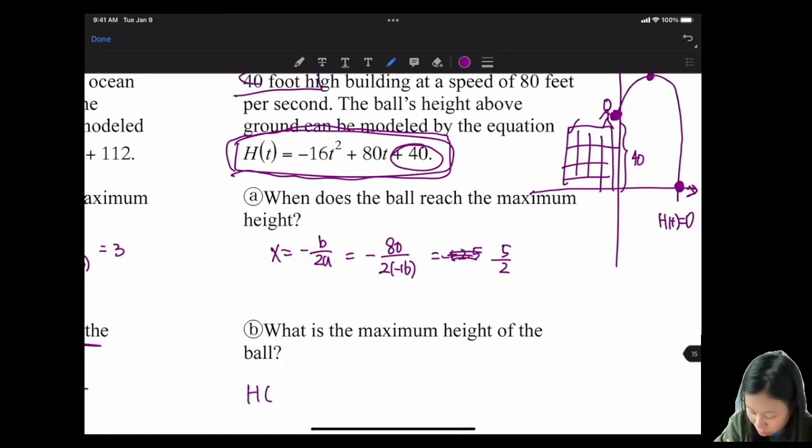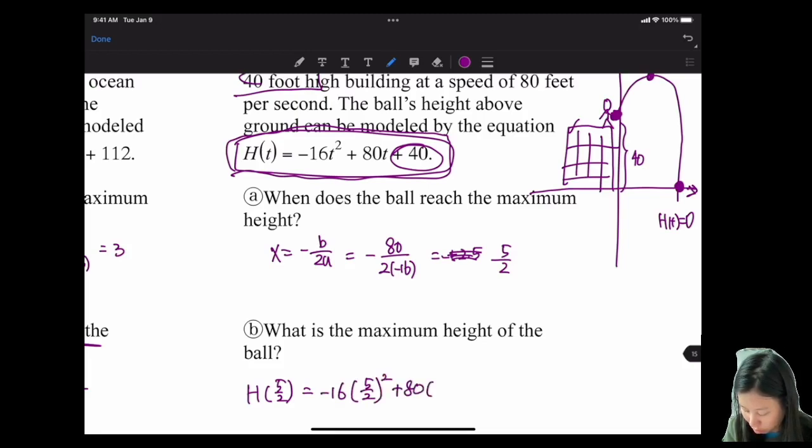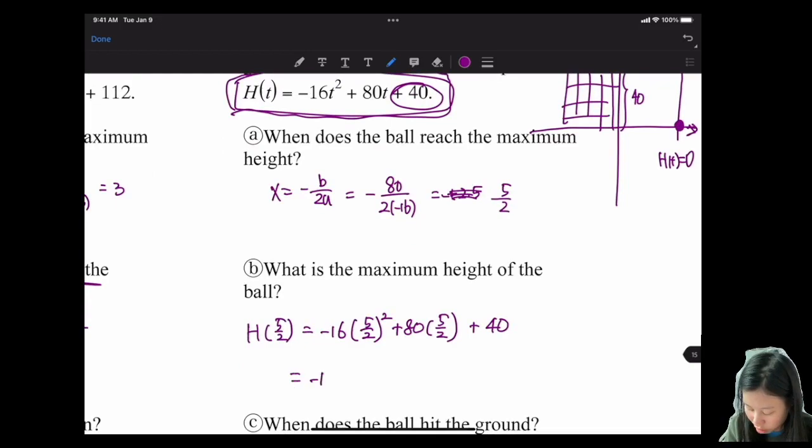So now let's continue. When the time equals 5/2 seconds, the ball reaches its maximum. Let's calculate it. It's easier than you think. 5 times 40, so I have 200 plus 40.